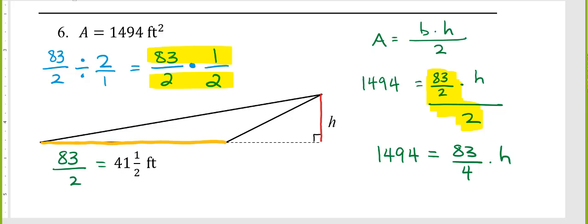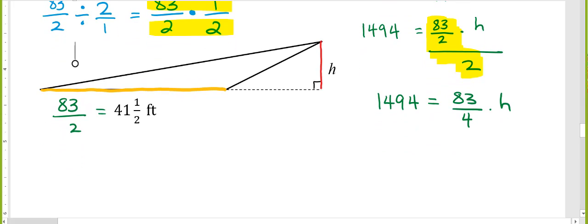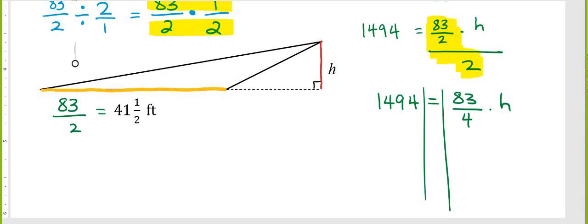All right, we are almost finished. We've got to solve for h. So do your railroad tracks. Right now I'm multiplying h by 83/4. So I need to divide both sides by 83/4.